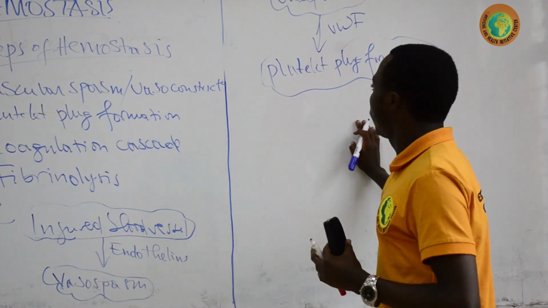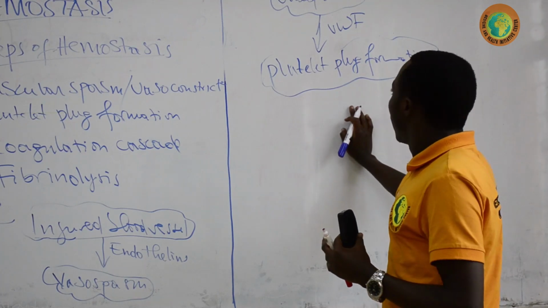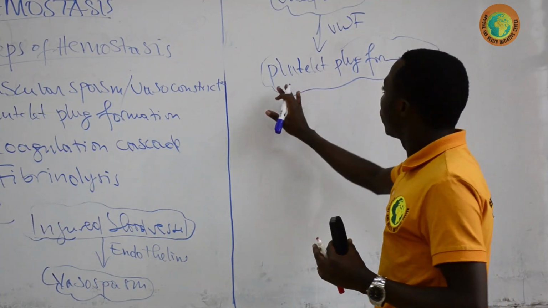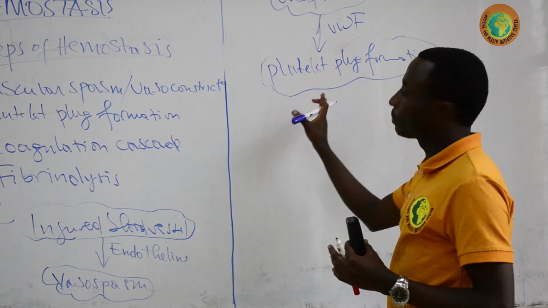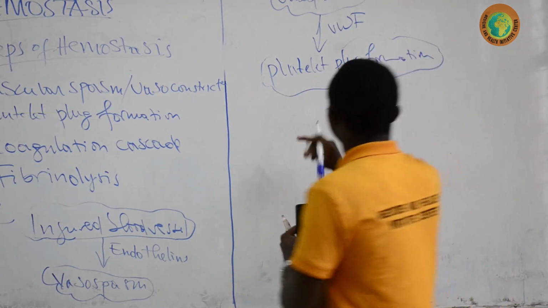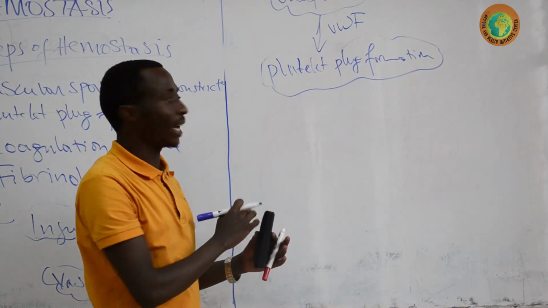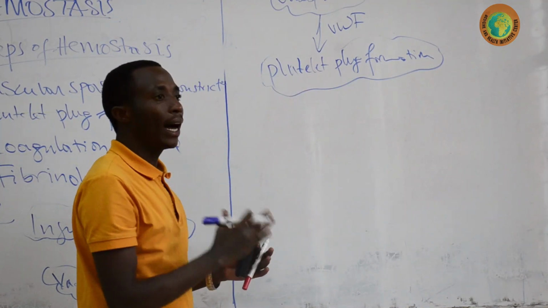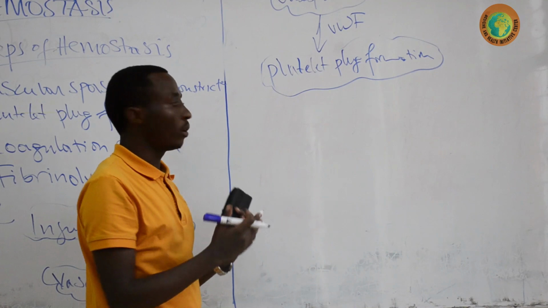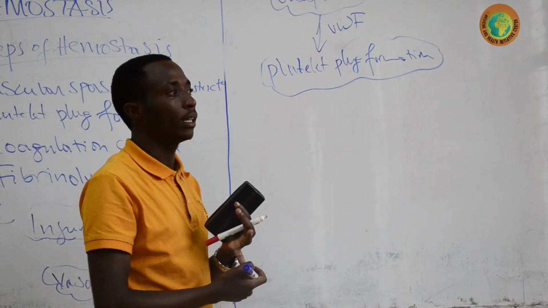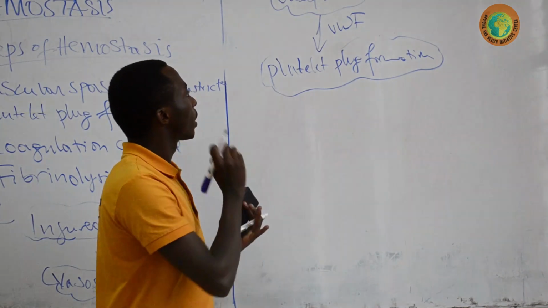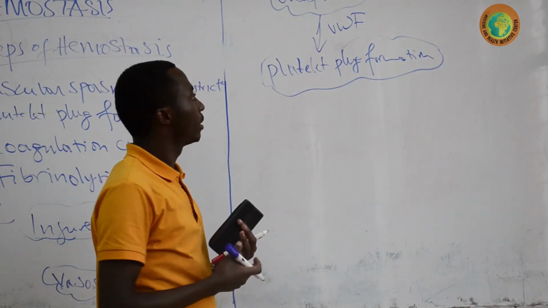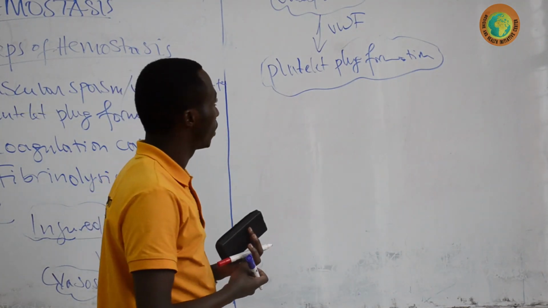At this stage, we have the platelet plug, where the granules inside the platelets release other chemicals for either maintaining or expanding the platelet plug.